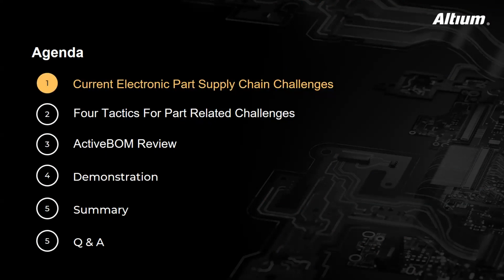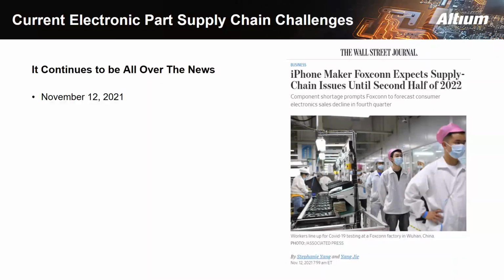Now we'll discuss the current electronic part supply chain challenges. I suspect everyone who joined the webinar today is familiar with the current situation with electronic components. Supply chain issues are impacting availability, and this continues to be a topic.